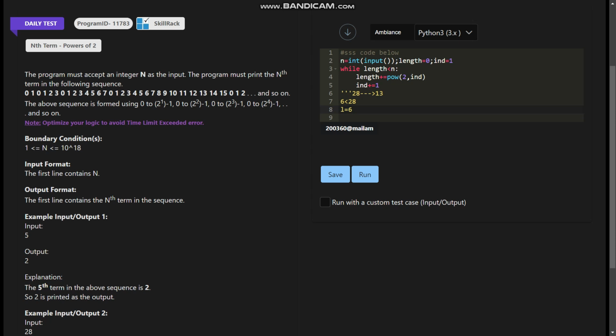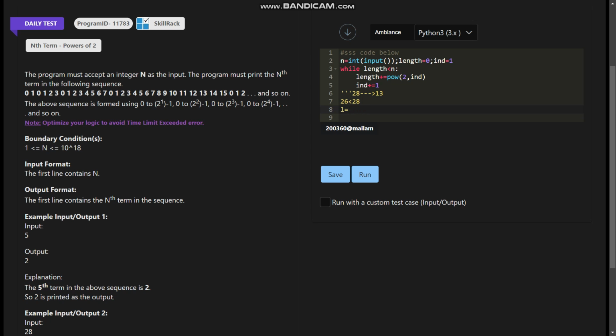Then the next power of 2, which is 8: 6 plus 8 is 14. 14 is also less than 28. Then the next term after 8 is 16, which makes it 30.